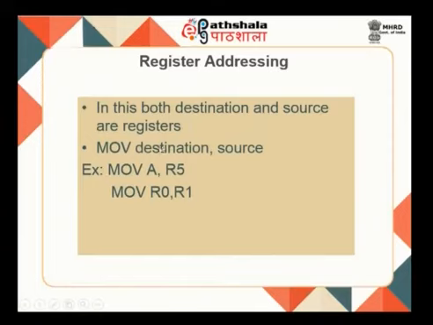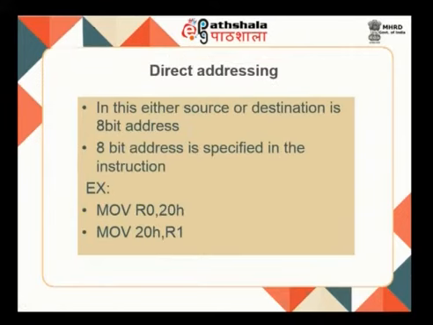So, we know that the first one on the left is the destination, and the one on the right is the source. If both destination and source are available only in registers, then this addressing is called register addressing.